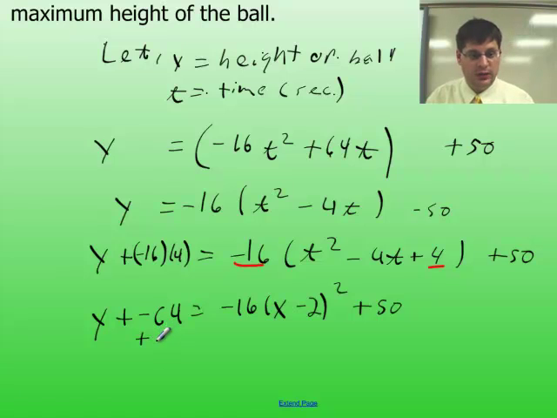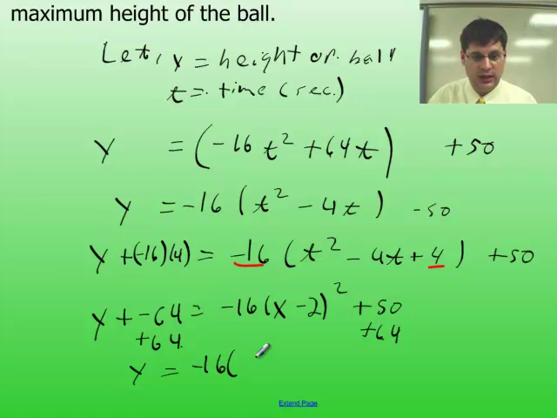Last step here is to add 64 to both sides, and this will give us our equation y equals negative 16 times t minus 2 squared plus 114.